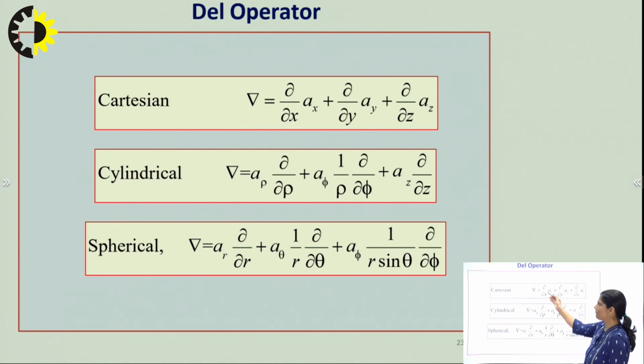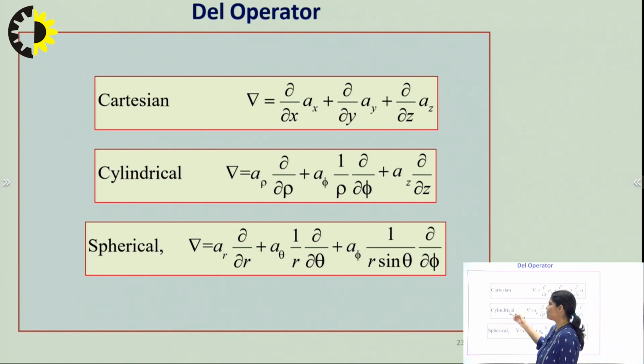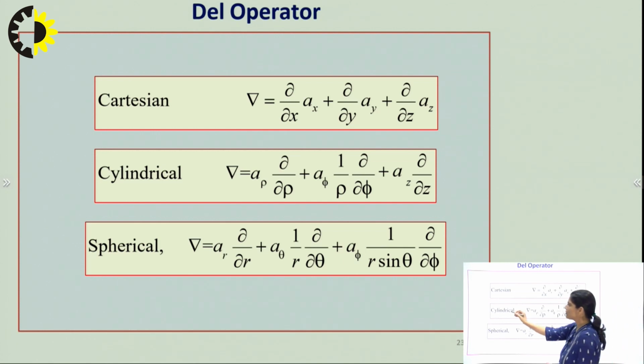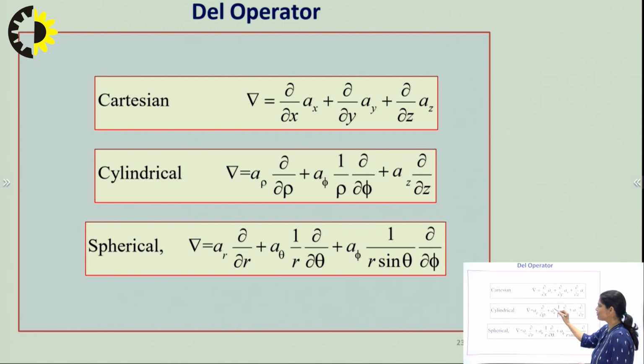Now del operator you can write in Cartesian form, cylindrical form, spherical form. This is the way we can write del operator in these coordinates. In Cartesian coordinates, del is equal to del upon del x unit vector of x, del upon del y unit vector of y, del upon del z unit vector of z. In cylindrical coordinates, del is equal to a rho del upon del rho plus a phi, unit vector of phi, 1 upon rho del upon del phi plus unit vector of z del upon del z.